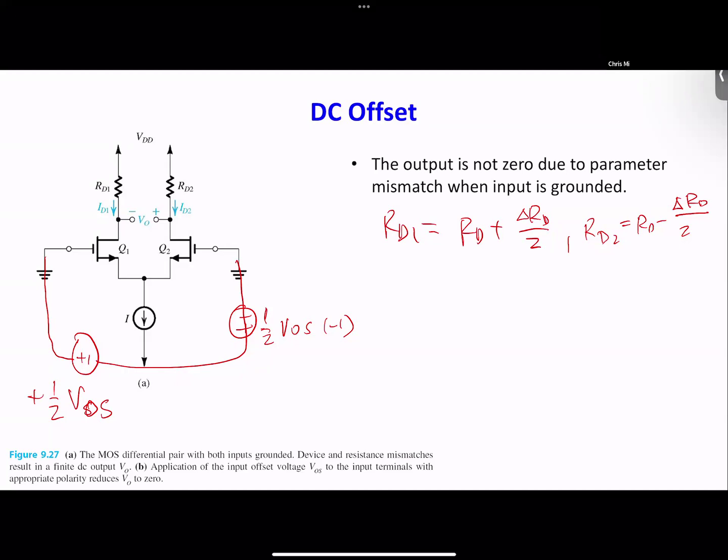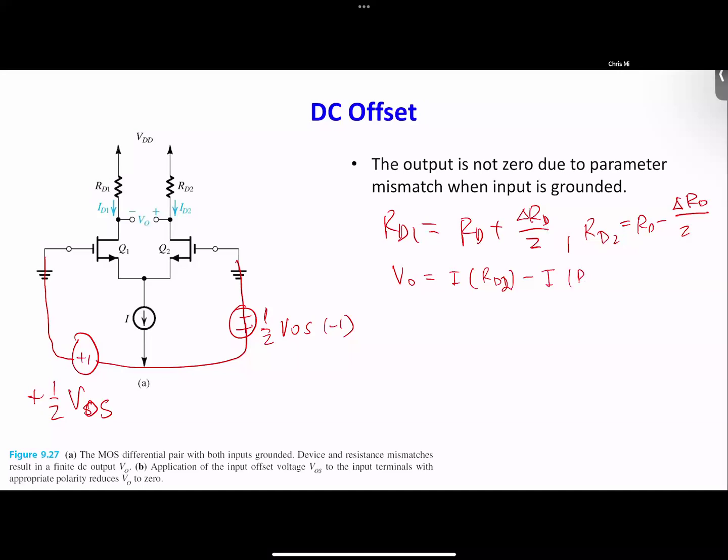And then what we're going to see here is that VO is going to be equal to I times RD1 minus RD2 times I times RD1, right?